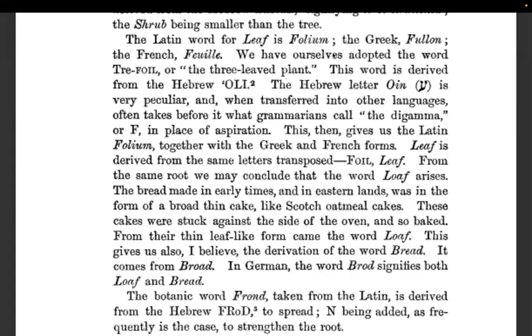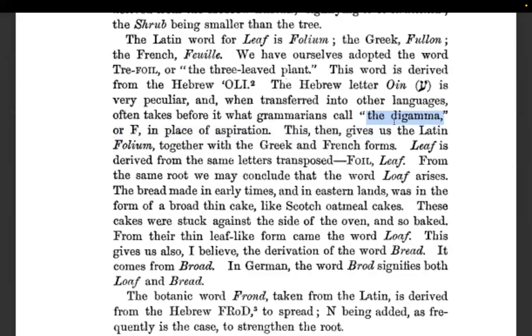And it says the Hebrew letter ayin is very peculiar, and when transferred into other languages, often takes before it what grammarians call the digamma, or F, in place of aspiration. And the digamma is the sixth letter of the Greek alphabet.